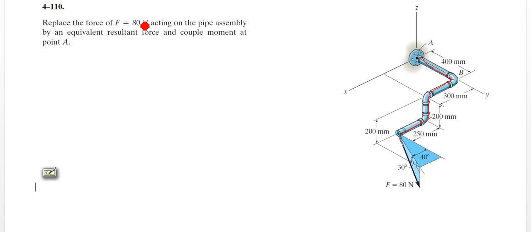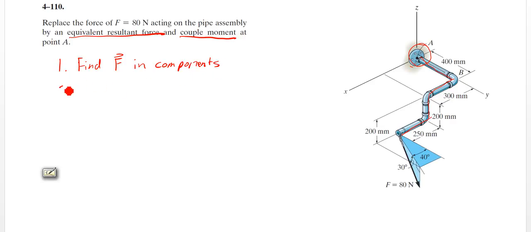So we need to find the equivalent resultant force and a couple moment to make this an equivalent system, and both the force and the moment will be acting at point A back here where it's attached to the wall. Our first step is to find the components of F, so we can put that in IJK notation.